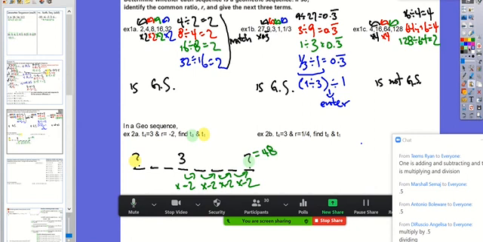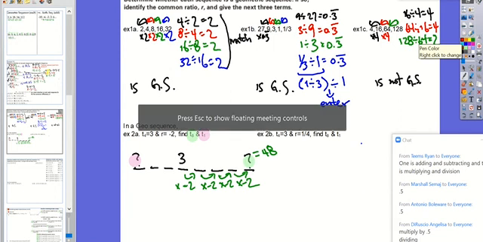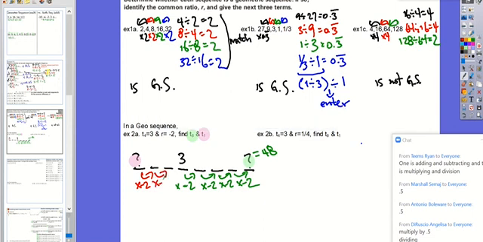Let's look at the pink right here. Again, for the pink, I'm going to use red. I'm going to do times -2 times -2 times -2.